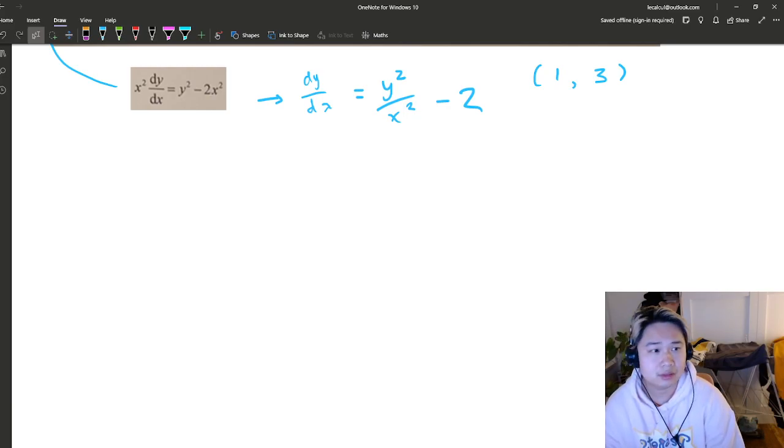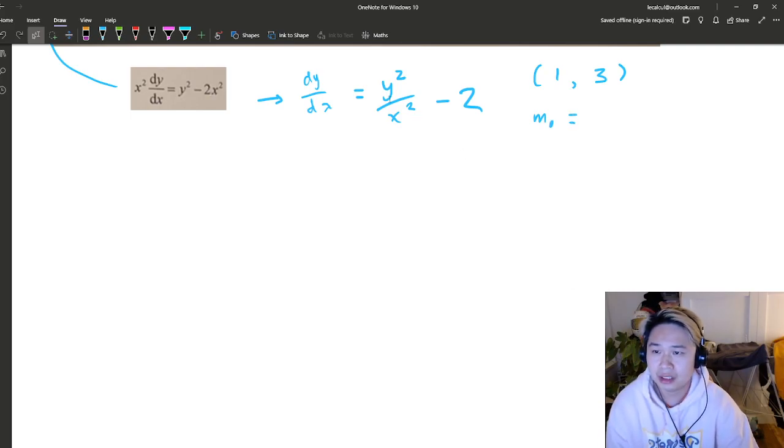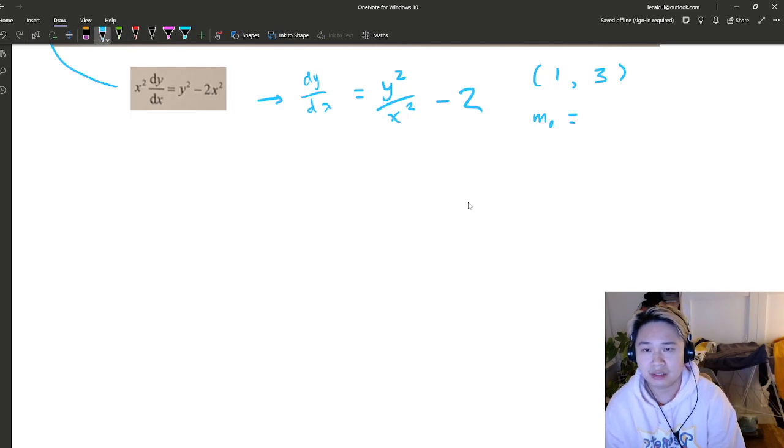So the slope at this first one, or gradient, is going to be 9 divided by 1 squared, so 9 minus 2, which is 7.